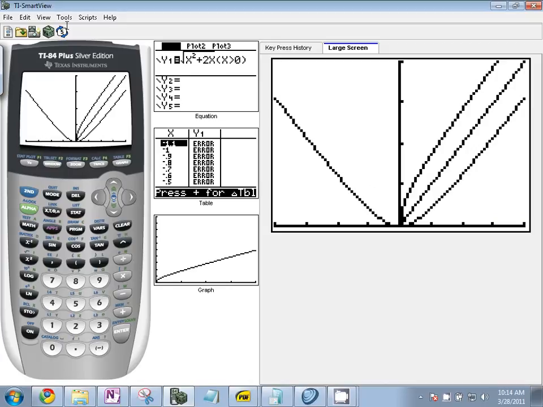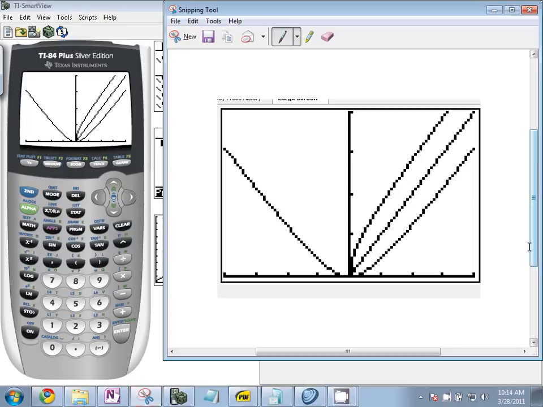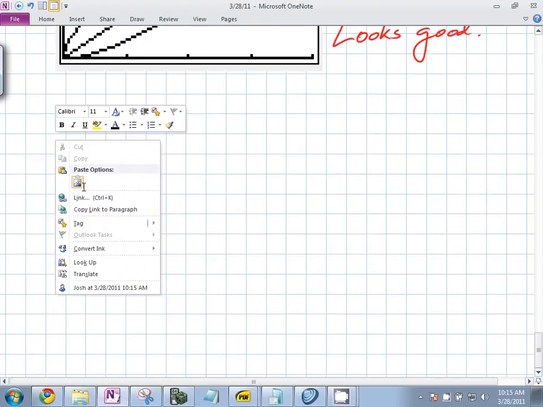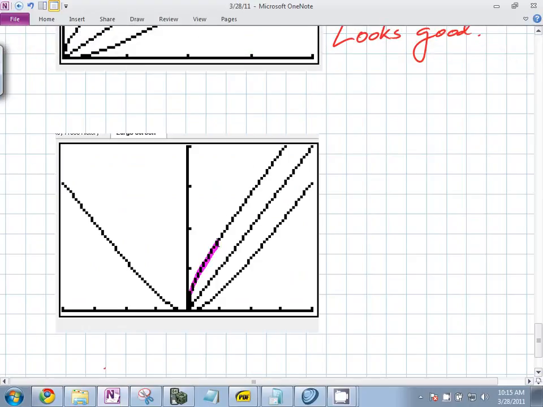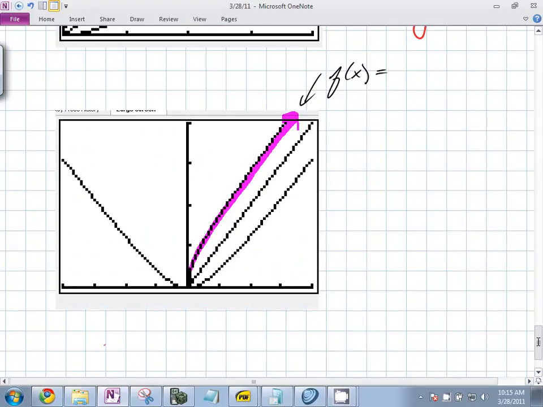So it's an easy fix, everybody. Remember, what's the relationship between the domain and range of a function and its inverse? Exactly. So let's take a look at this here. Let's use purple. Here's our original function. What was it? f of x is equal to the square root of x squared plus 2x.